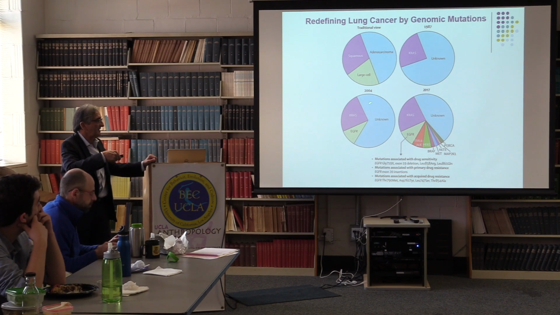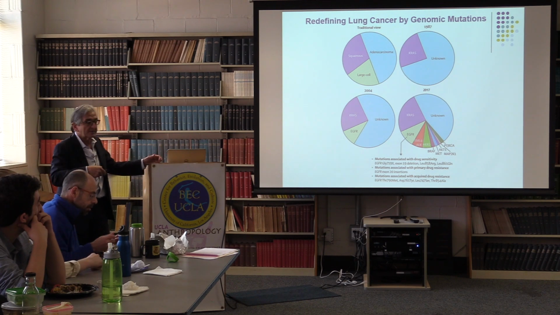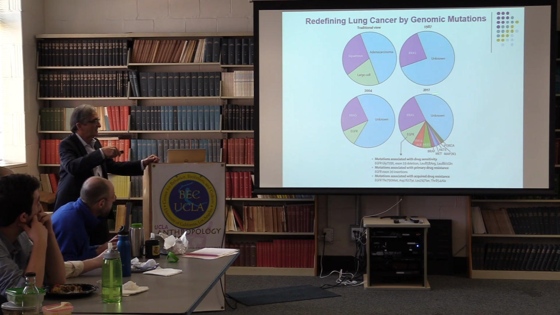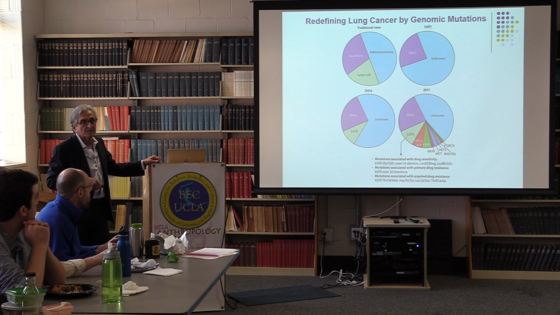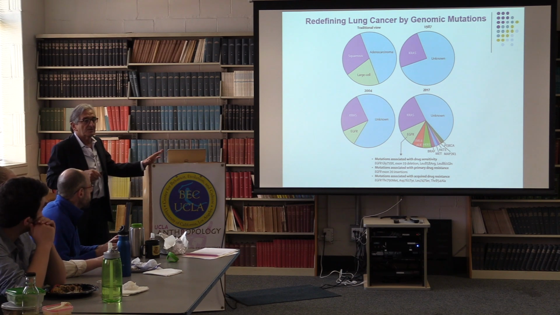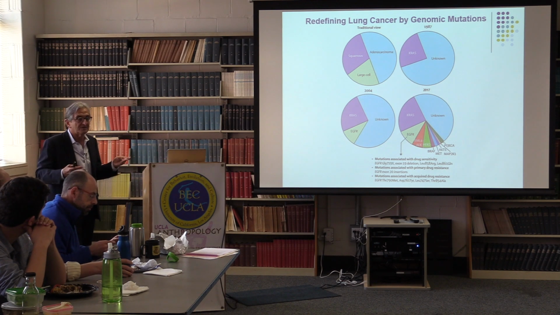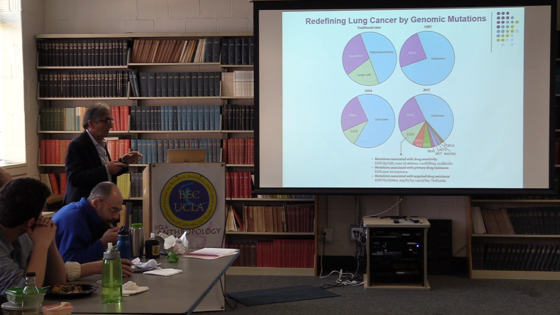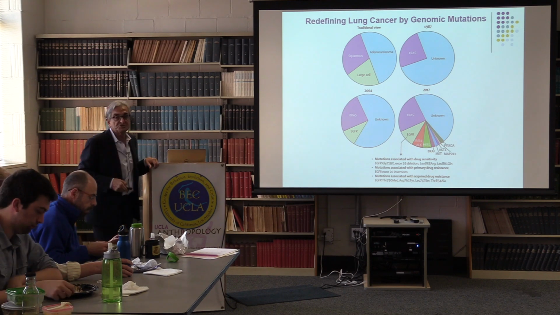But up until a decade ago, we only knew about 2 of them. Now, of course, we've got an expanding pie of different mutations that are telling us that lung cancer is not one type of cancer. It's probably 20 or 30 different subspecies based upon what is driving them genomically.